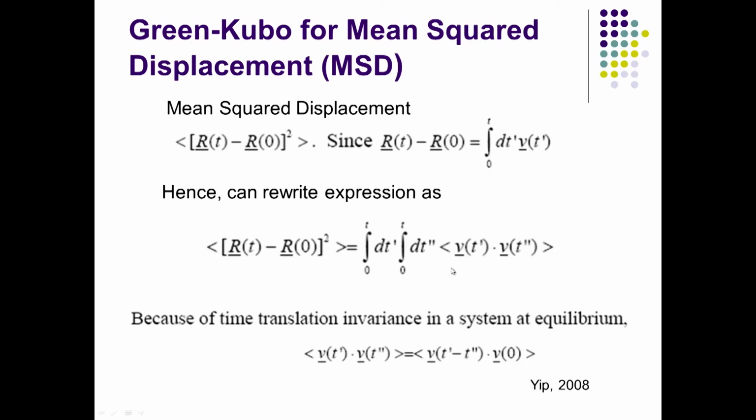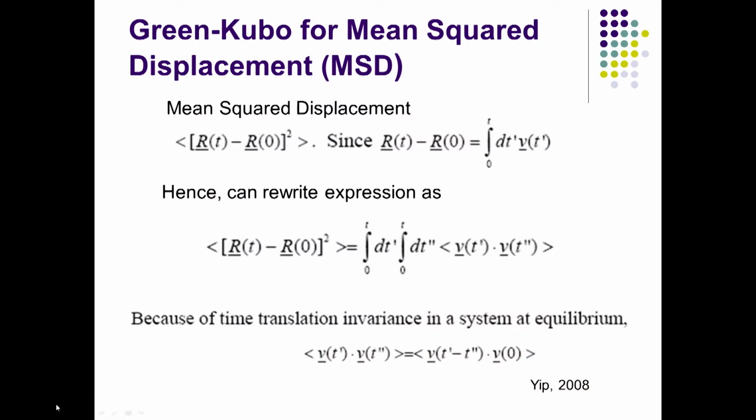Because the system at equilibrium has time translation invariance, we can apply that invariance. If we take t dash minus t double dash, any arbitrary times, and correlate it with the velocity at time 0, that is where we come up with the velocity autocorrelation.